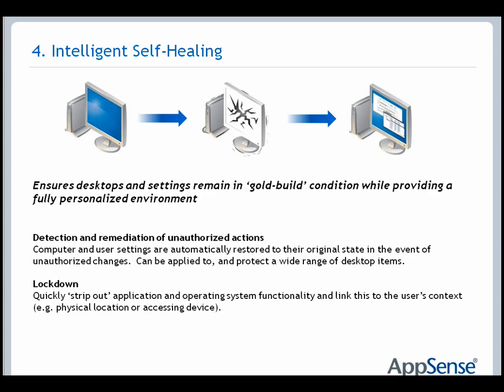So by protecting certain files, folders, services, processes, and registry settings, and automatically self-healing them back to their original state if they're in any way, shape or form modified or changed, we can automatically protect and repair desktops as well. So this is where we can help further reduce the cost of XenDesktop.